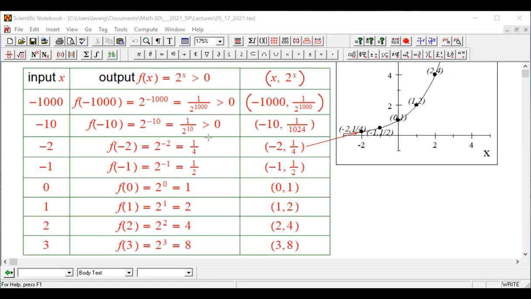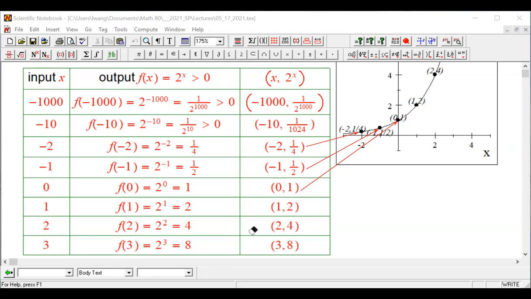When input is -1, the output is 1/2, and that's the other point right there. When input is 0, the output is 1, so we get this point. When input is 1, we get (1, 2), right here.